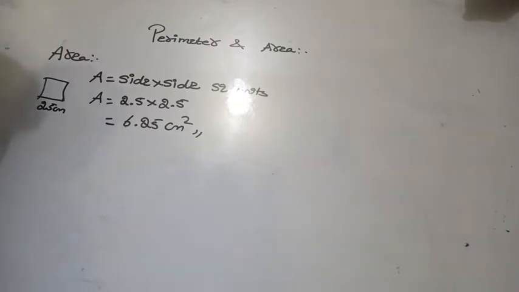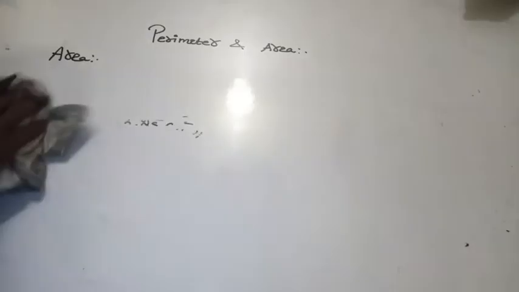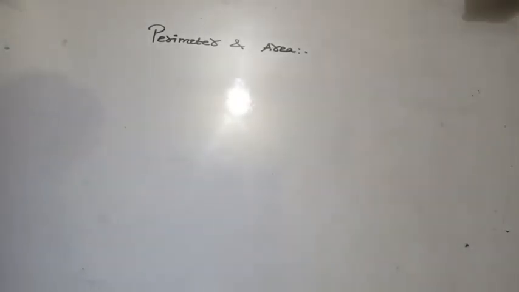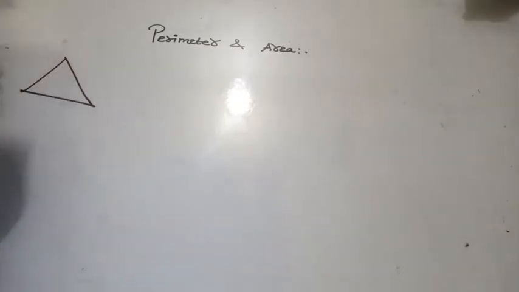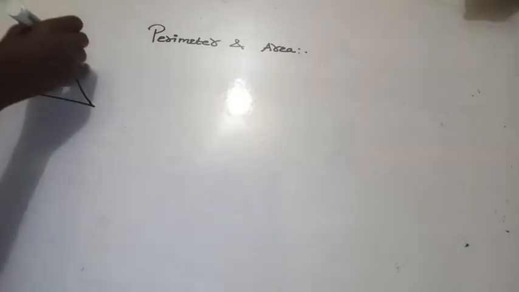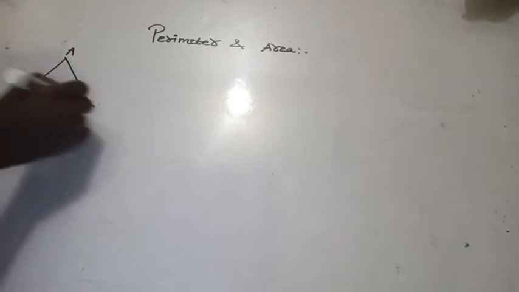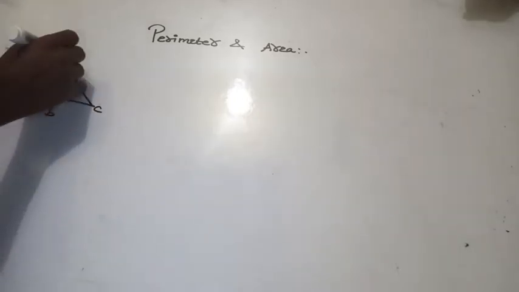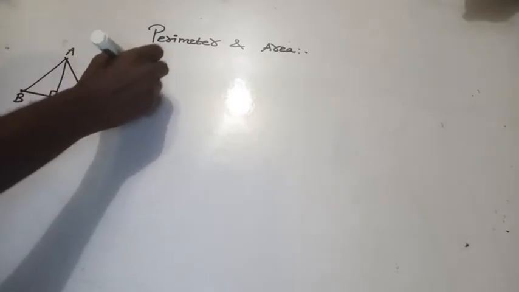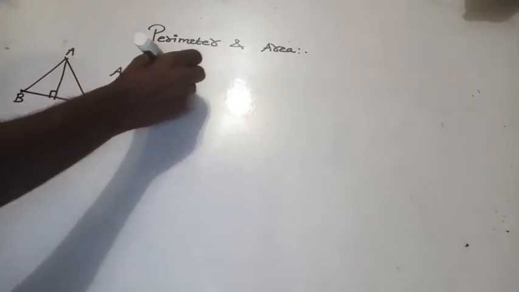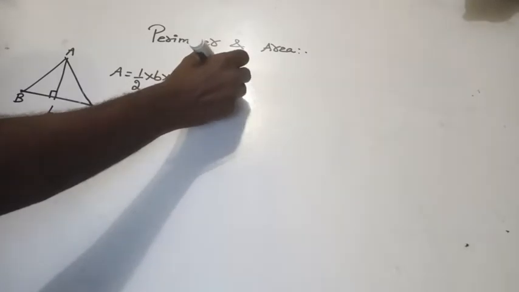Then area of a triangle. What is the definition of a triangle? Any three-sided polygon is called a triangle. Suppose it has a base and a height, then area will be half into base into height square units.